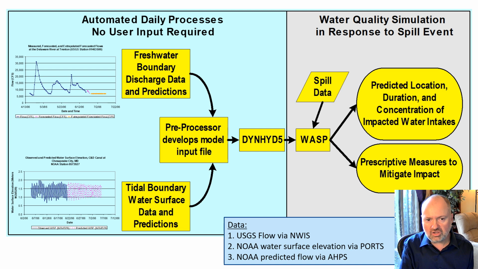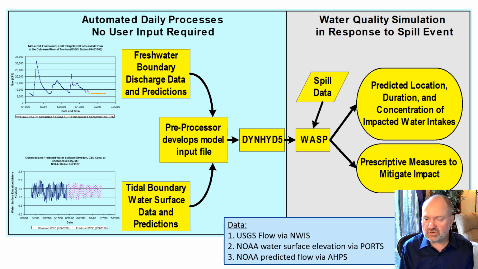We knit all of that together into a model input file, and we run that hydrodynamic model, DynHyd 5, overnight every night. Most of the time there is no spill event, and so we don't do anything with the resulting output file from DynHyd.